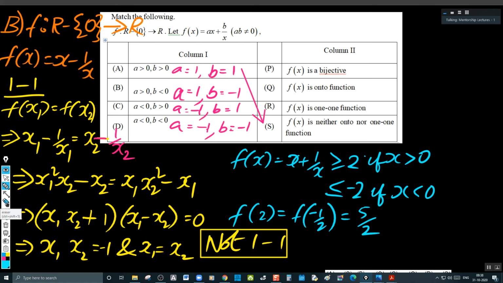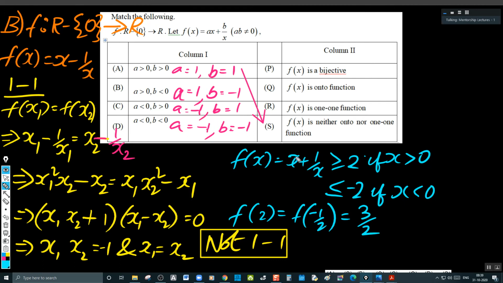So we'll get the same values, which is 3 by 2, so perfectly not 1 1. I think neither of the functions are 1 1 in this case. And about onto, let us see that.